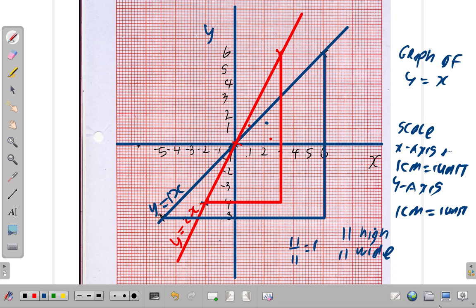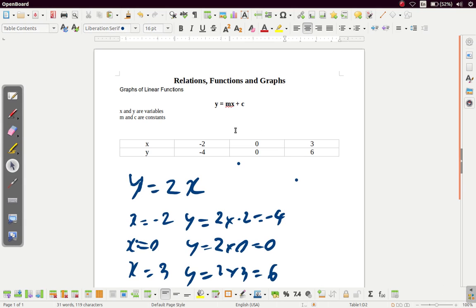So basically, in the general form, y is equal to mx plus c. The number that multiplies the x, the m, is called the gradient. And the gradient determines the steepness of the line. If the line is a hillside, how steep the hillside is. The steeper it is, the harder to climb up.